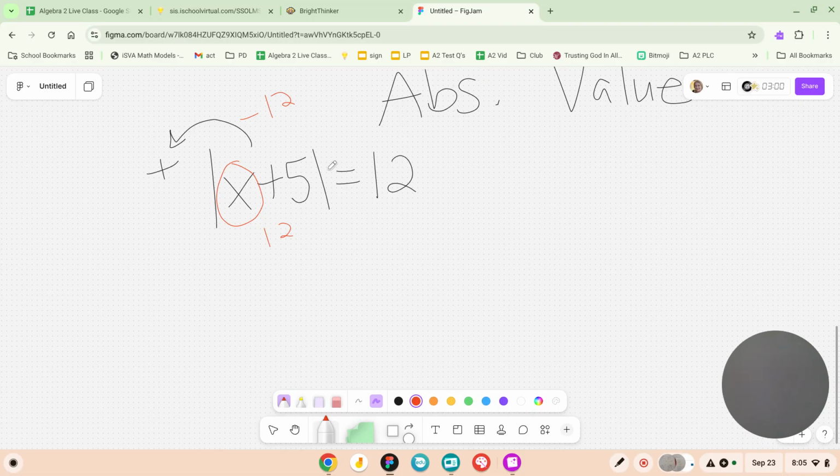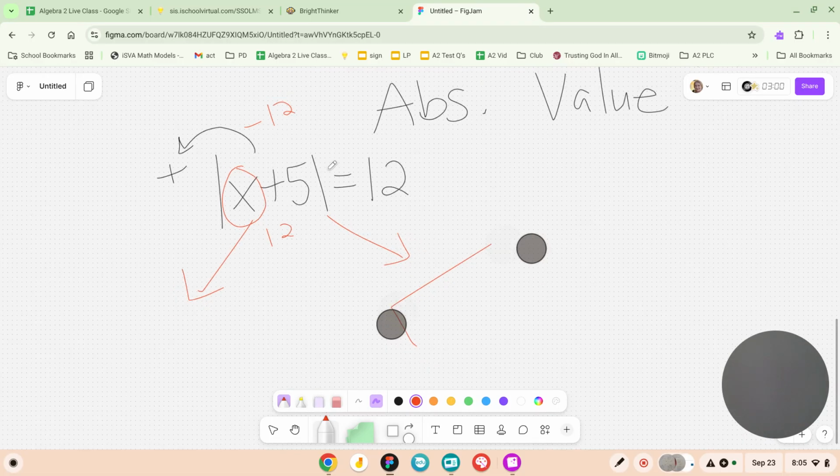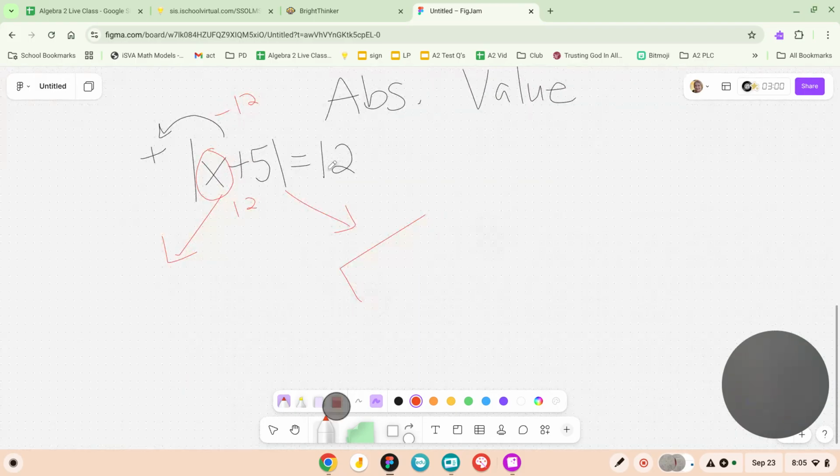So we're just going to take our equation and split it into two different ways. All we do on absolute value is we say x plus 5 equals 12. And then we do the other possibility to see what would make the -12. And we're going to say x plus 5 equals -12.